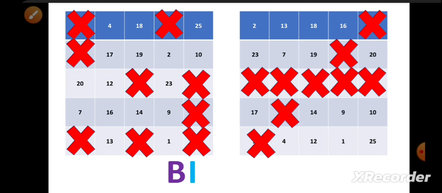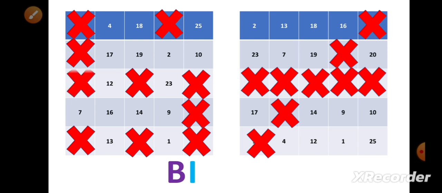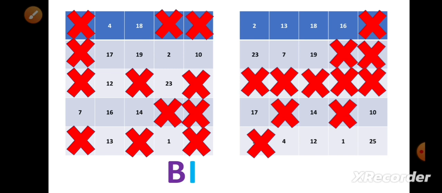Now it's time to cross 20. 20 will be crossed in the board sheet. Now it's time for 9. Yes, 9 will be crossed in the board sheet. It's 25 now. 25 crossed in the board sheet.